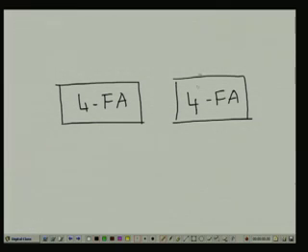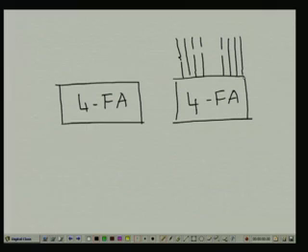There are 4 A inputs and 4 B inputs for each.